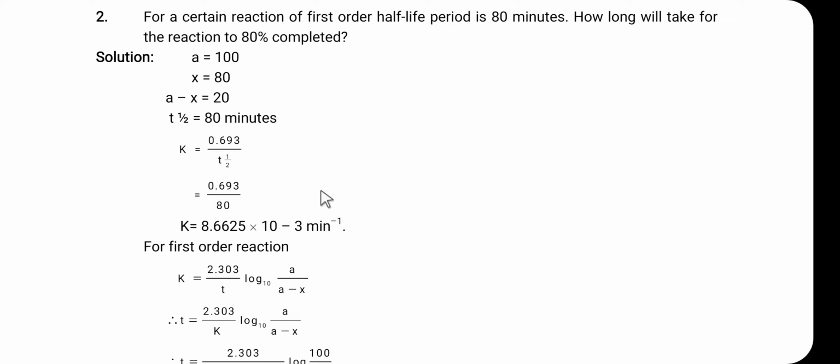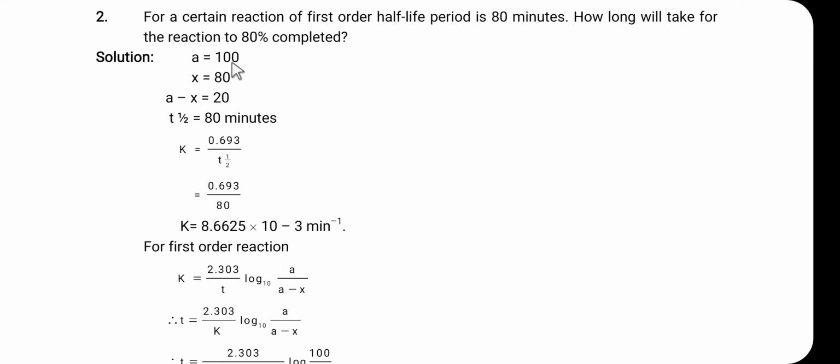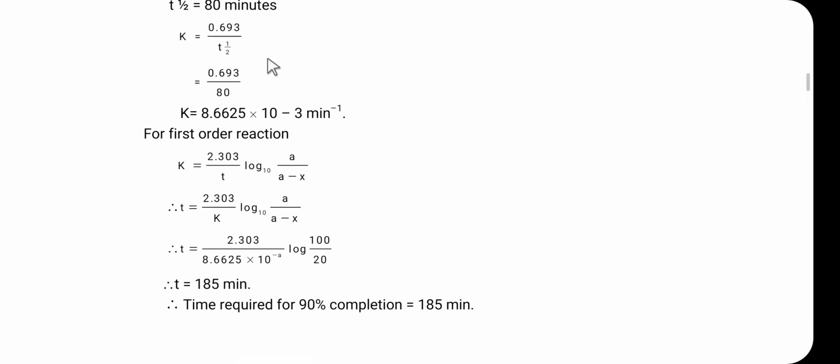Now the second step. A is equal to 100, x is equal to 80, A minus x is equal to 20, and we have to find T for the completion of 80% reaction. The expression can be rearranged: T is equal to 2.303 divided by K, log of A upon A minus x.